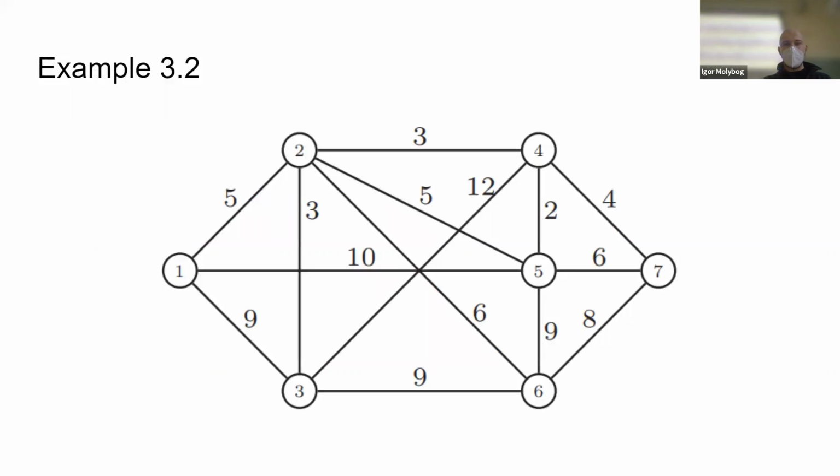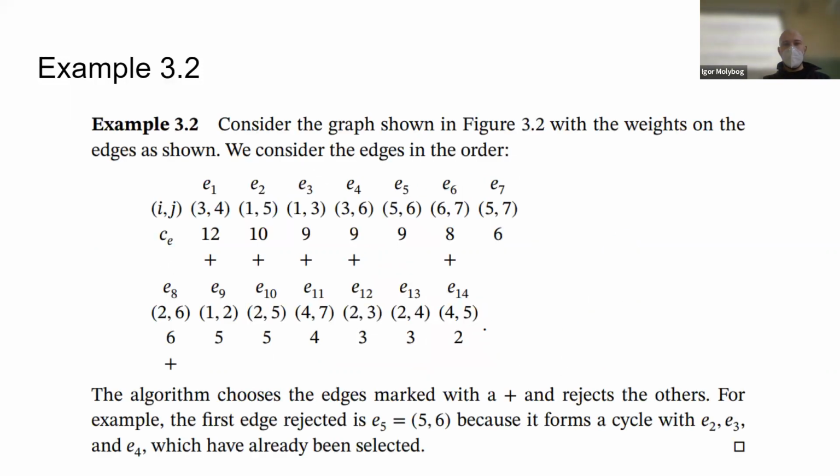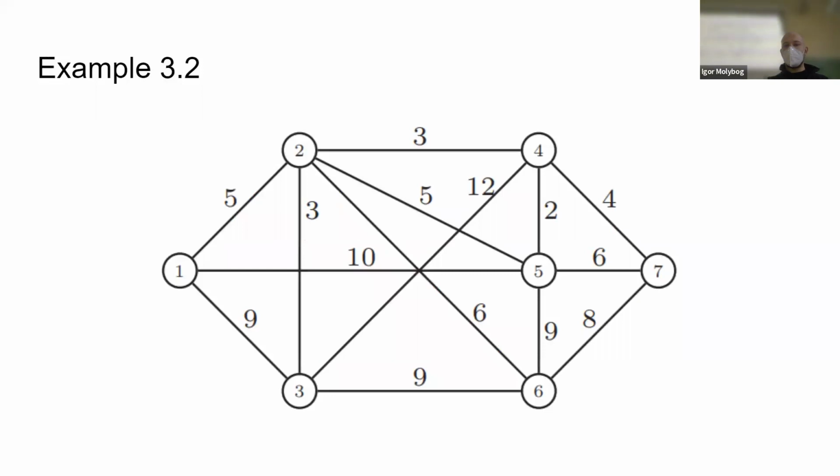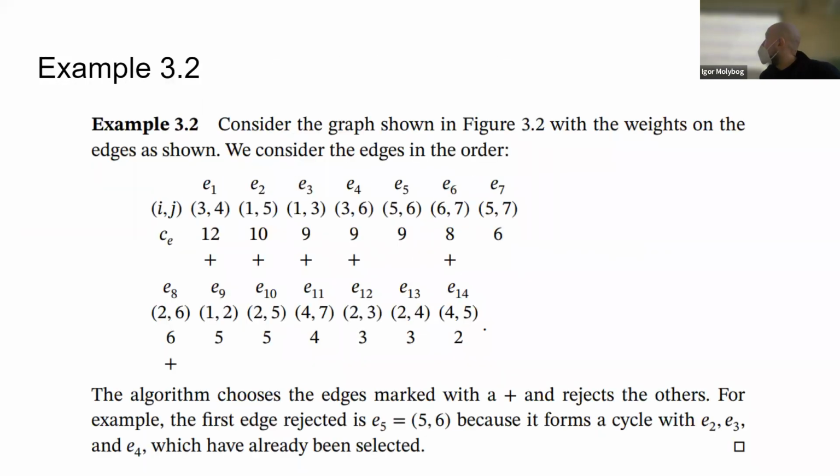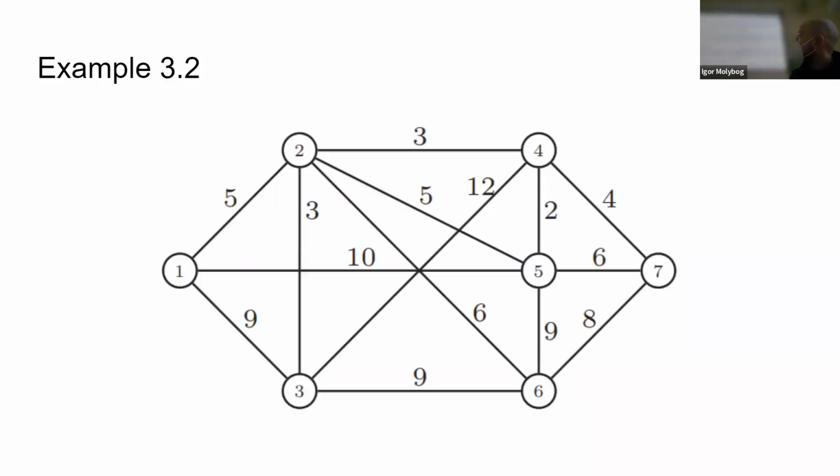Let's take a look at the example. So if we are considering this graph here, what we do is we order the edges from the largest to the smallest. The first one is going to be 3, 4 because it has the weight of 12.